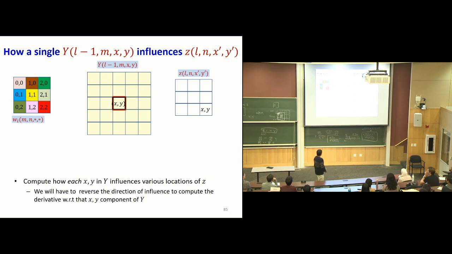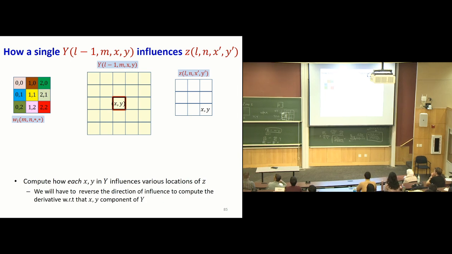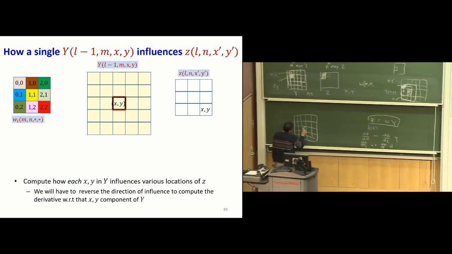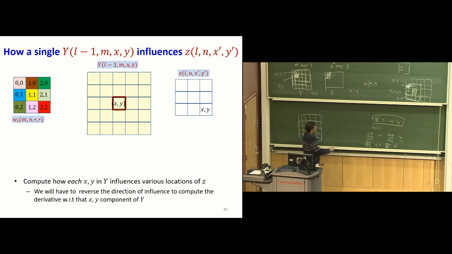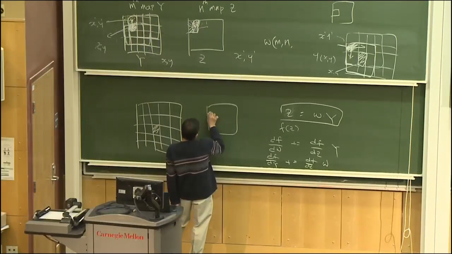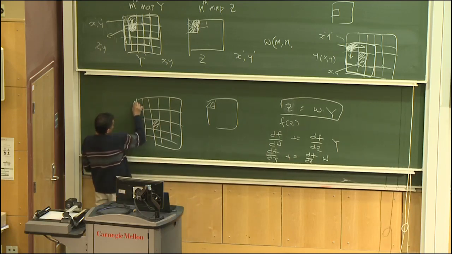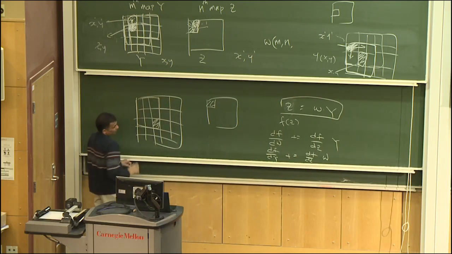No, because remember, in this particular case, I want to find out how this xy influences this z. For this to happen, I must place the filter up here, correct?